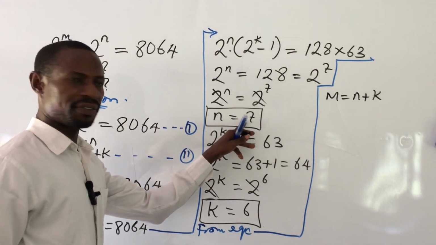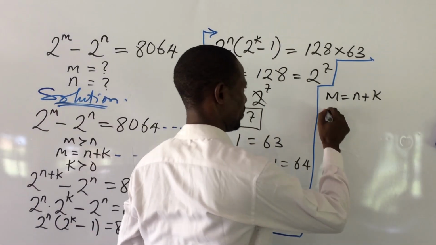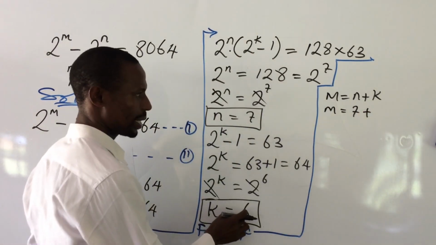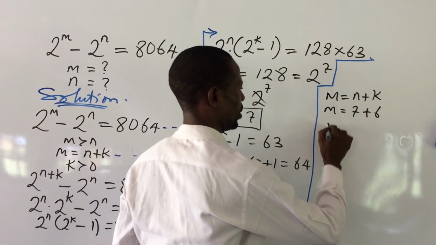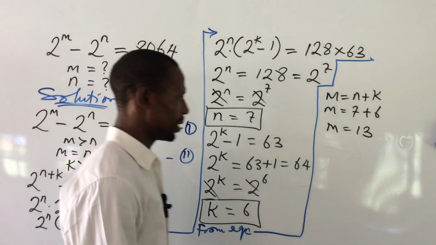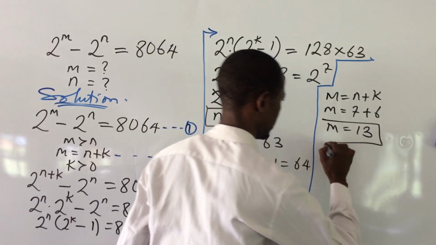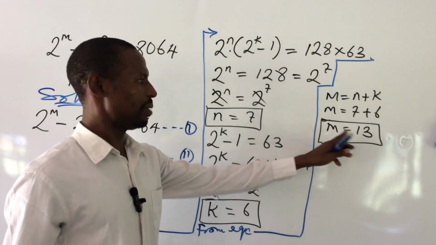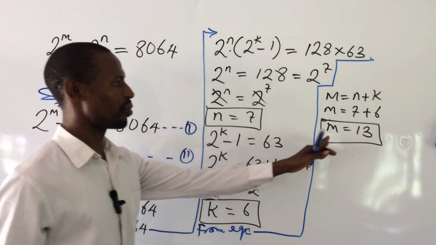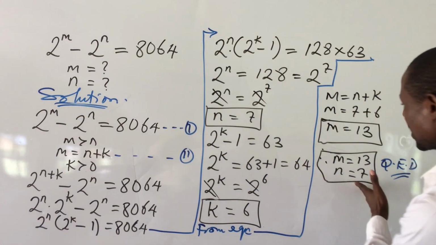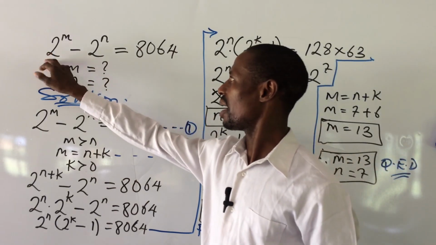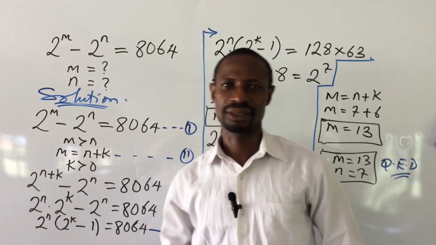We succeeded in solving for n, which is 7. So we have m equals 7 plus 6. So m is equal to 13. So we calculated the value of m to be 13. Meanwhile, our n here is equal to 7. So these are the two values that will satisfy our Olympiad math question.